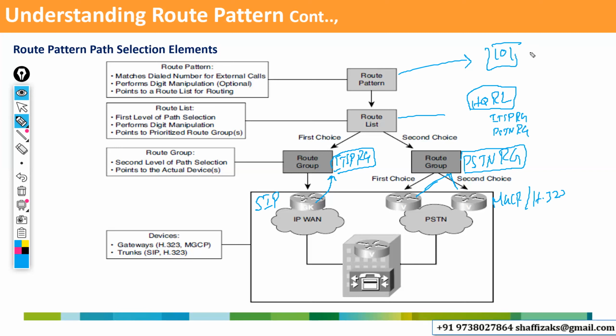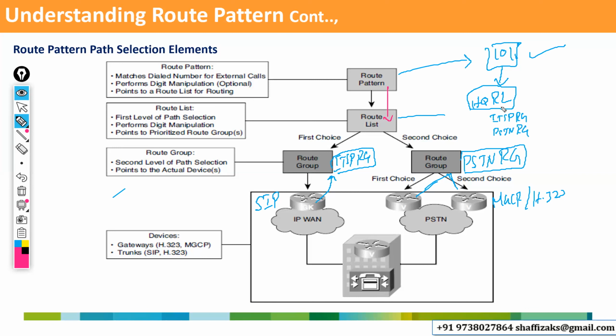If this number matches, which route list is associated? The headquarter route list is associated. So this route pattern is associated with the route list, and now it goes to the headquarter route list.